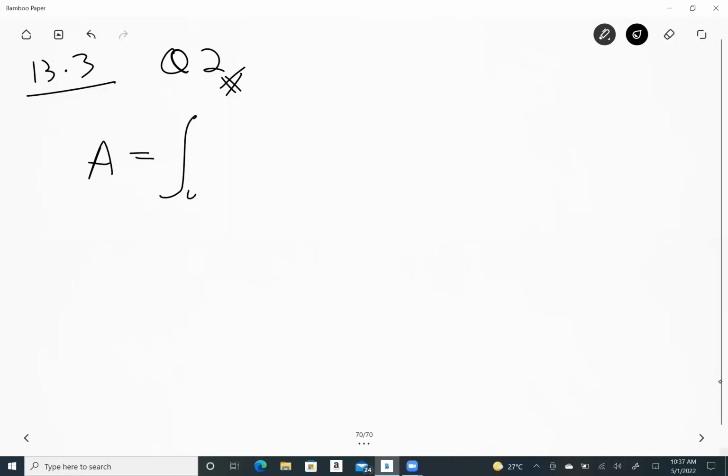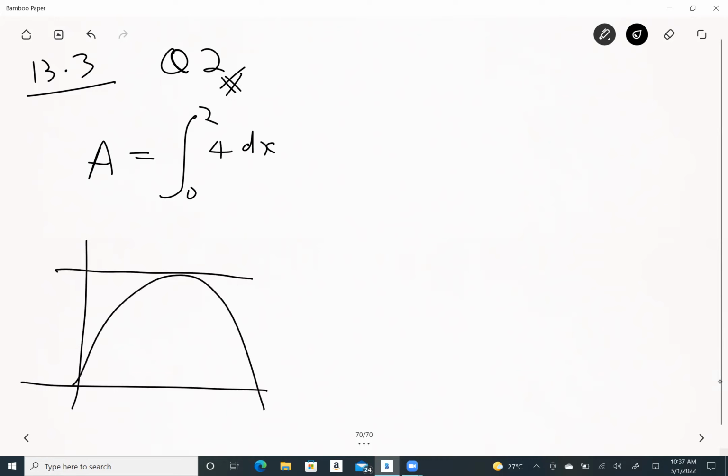The bigger area is the area from 0 to 2 of what? Of the value of y, dx. If I draw the diagram here, you have this: this is 4, that one is 2, and you need the horizontal line.